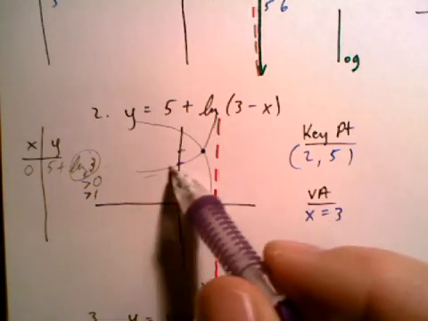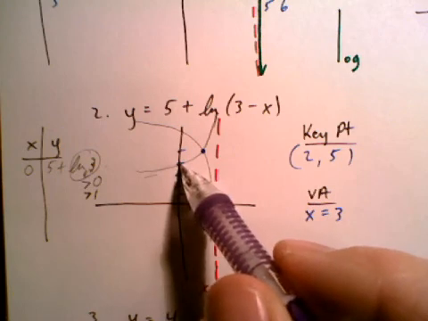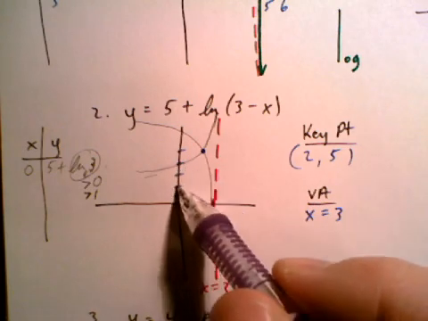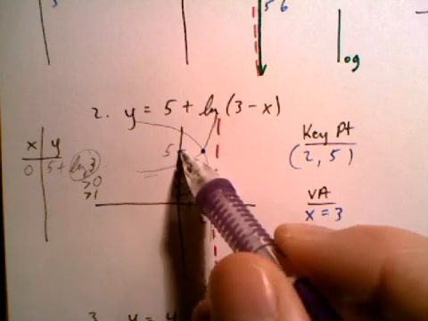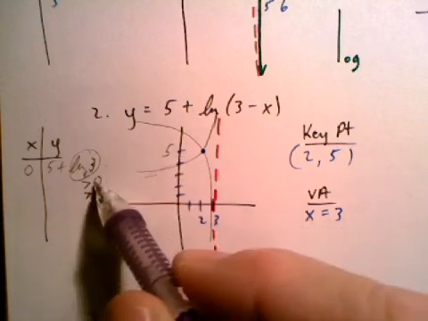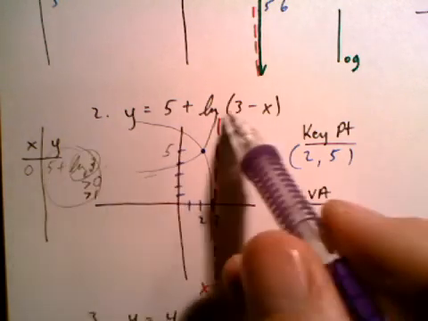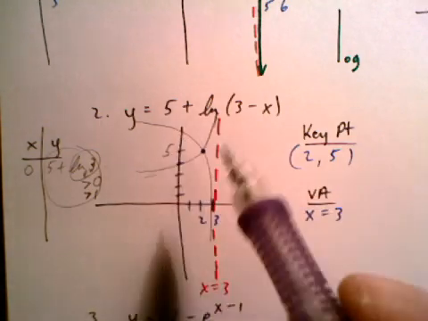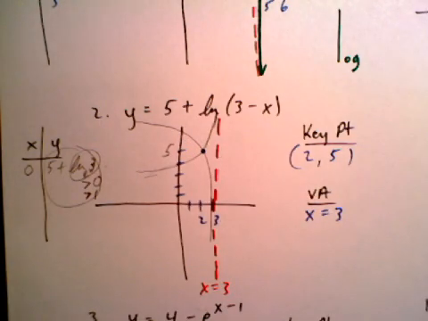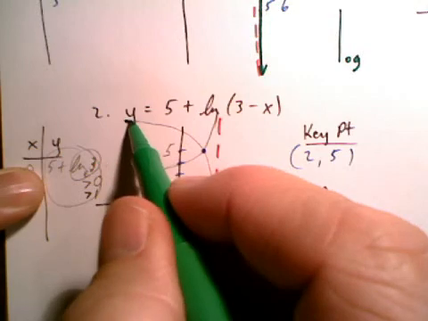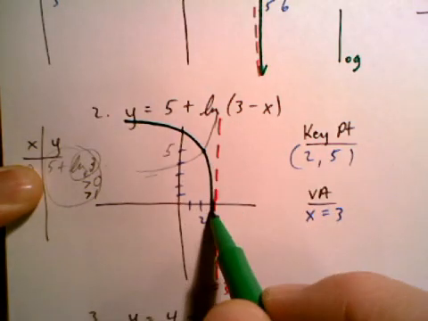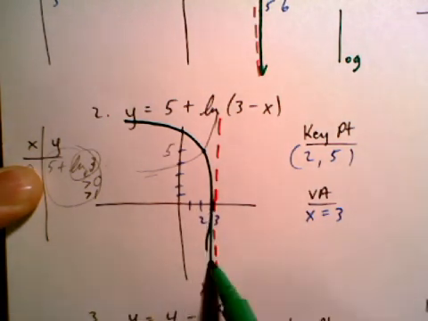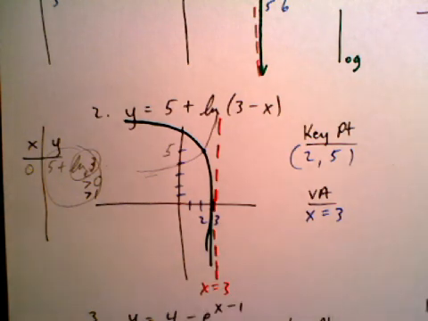Option number 1 was the one where there was a y-intercept less than 5, because 1, 2, 3, 4, 5, that's 5 right there. This clearly says that when x is 0, we get a y-intercept of something greater than 5, and so therefore the graph is going to look like that. Oops, took a little turn there, sorry. And there you go. I'll get back to the other two in the next video.